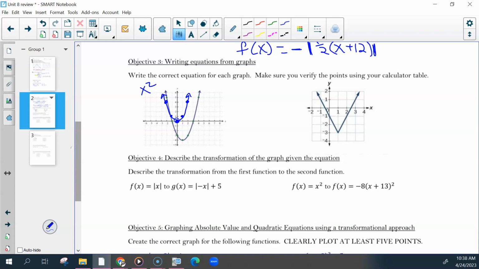And then what changed between the original and what's given? The parent function went up. So from the original to the new one, what happened? It went down. By how much?